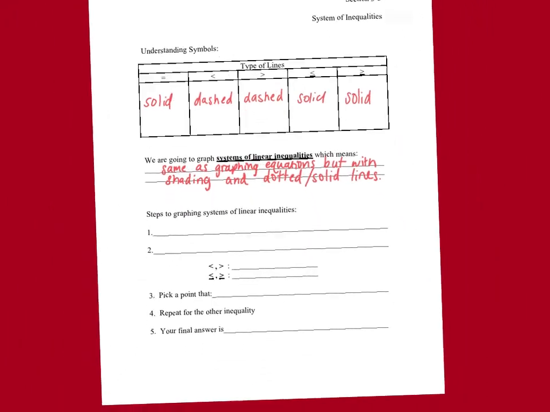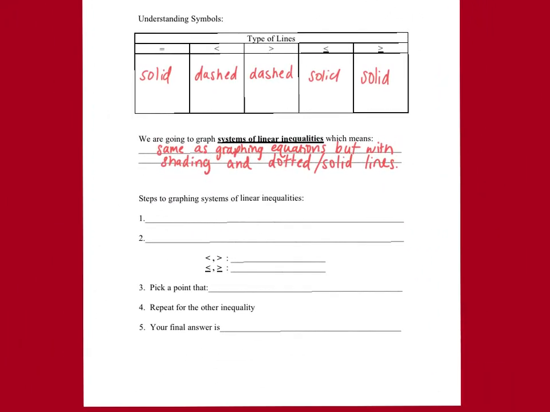Now we've got some steps. Not as much writing as last class, but we do need to write these down. First thing is just to solve both inequalities for y.